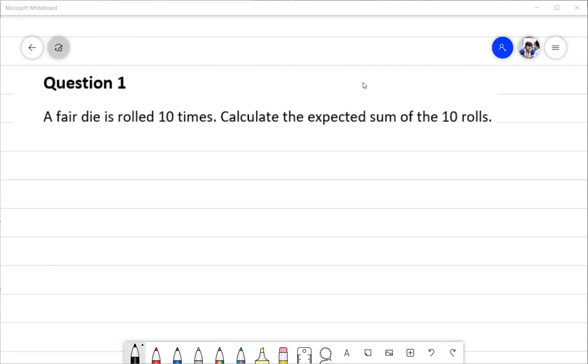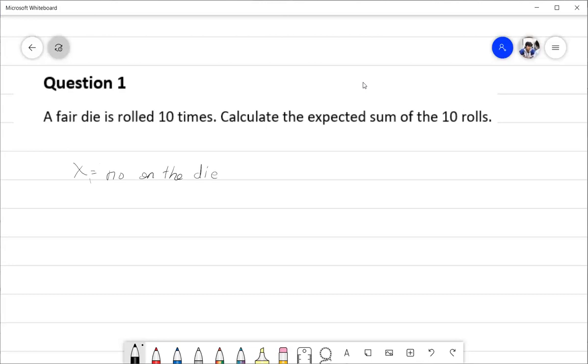So we'll start off with the first question. It seems pretty easy. A fair die is rolled 10 times. Calculate the expected sum of the 10 rolls. So I can define X as the number you get on the die, at your ith turn.